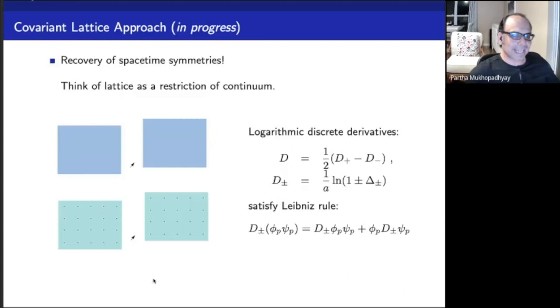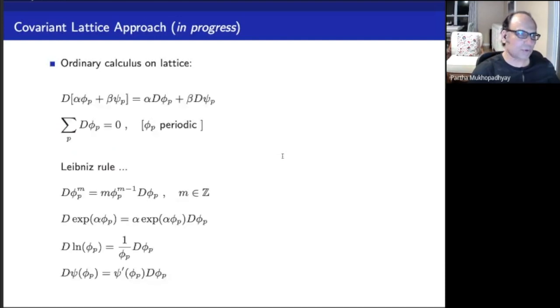So, although the lattice under an arbitrary continuous transformation is not invariant, all the symmetry statements still go through, and therefore conserved quantities will exist if you replace the ordinary derivative in the original continuum action by this discrete derivative D. Now the point is that this discrete derivative behaves exactly the same way as the ordinary derivative does in the continuum, and here is a list of its properties.